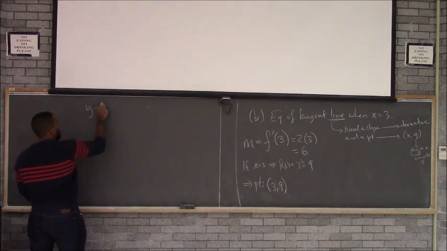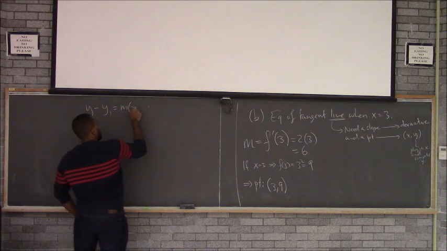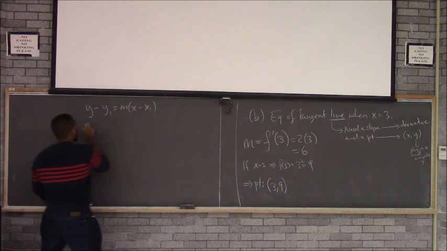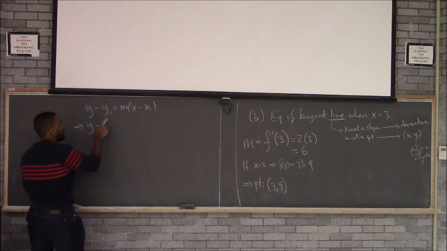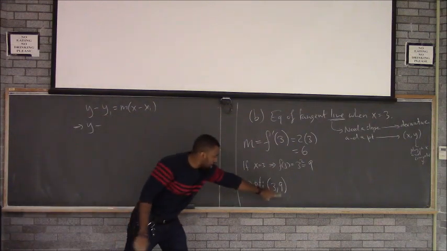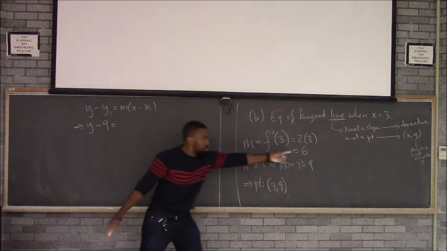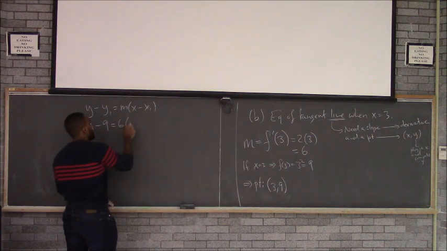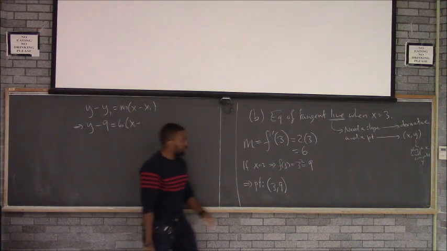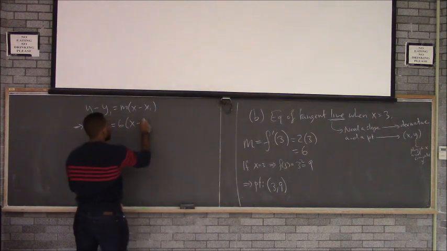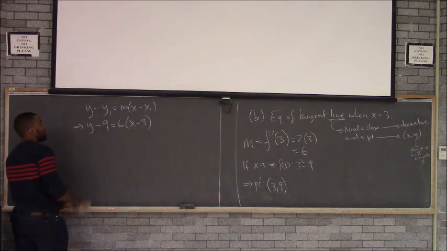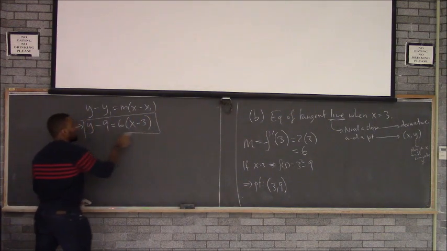So I'm going to have y minus y1 equals m times (x minus x1). Y minus the y coordinate, which is 9, equals m, which is 6, times (x minus the x coordinate, which is 3). And that's actually your line.